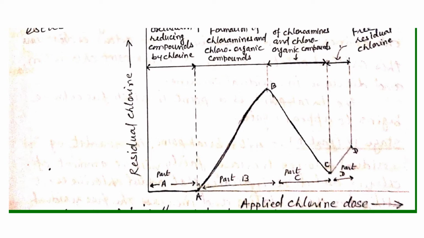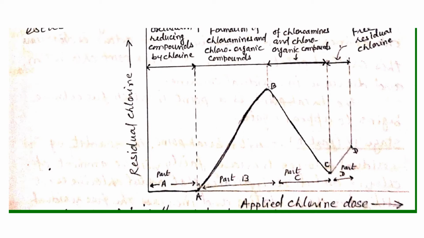At point B, the residual chlorine also shows maximum concentration, while the pungent smell and the chloramines and chloro-organic compounds are also more present.